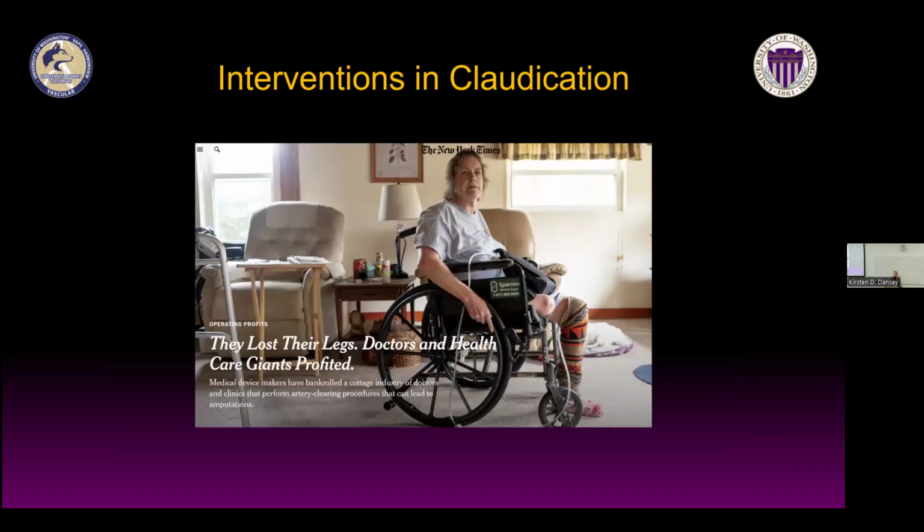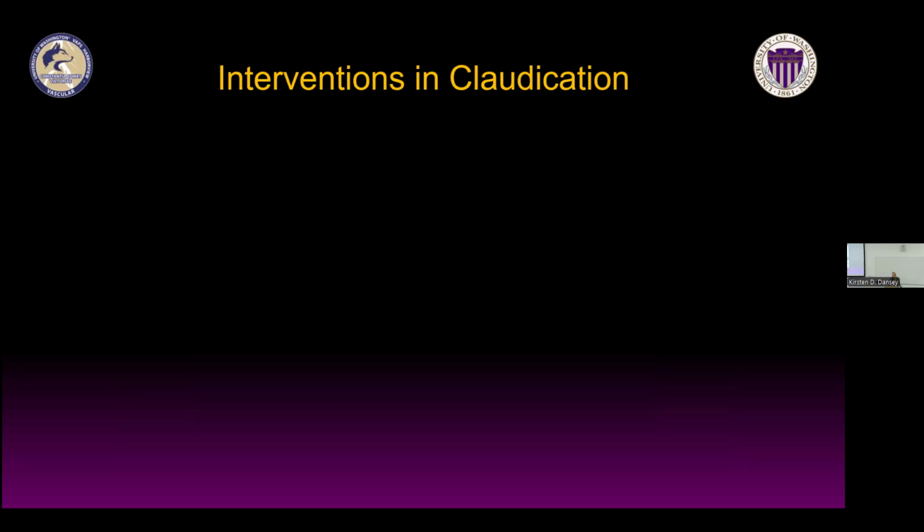There were multiple stories, and this was probably the most striking: a Sunday New York Times front-page article talking about patients who had interventions for claudication and the acceleration to amputation for a certain subgroup of patients.